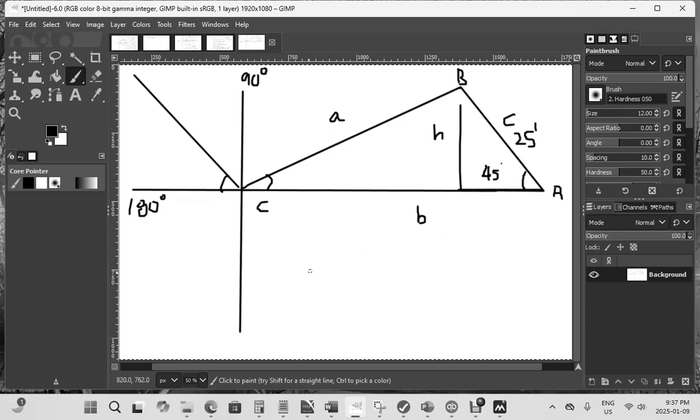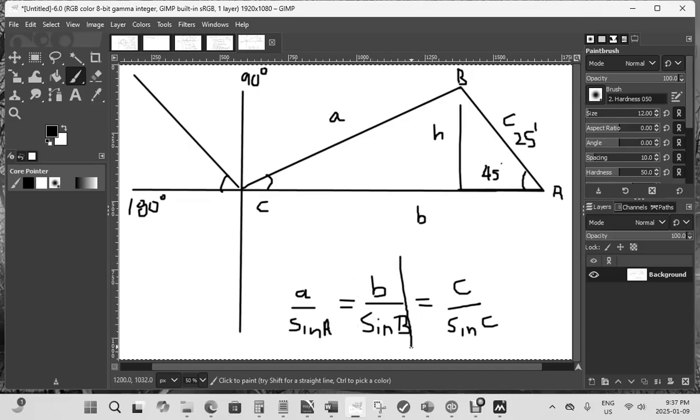Remember, sine law was A over sine A equals B over sine B equals C over sine C. In order for you to solve for any one of these, you need the other three.